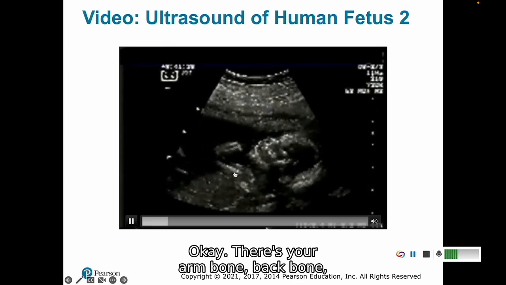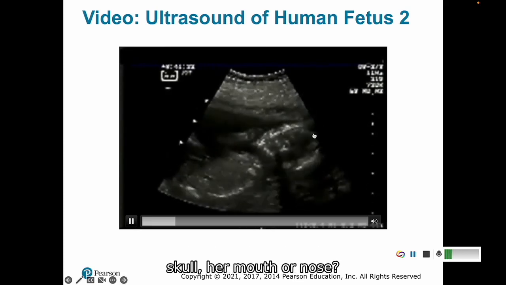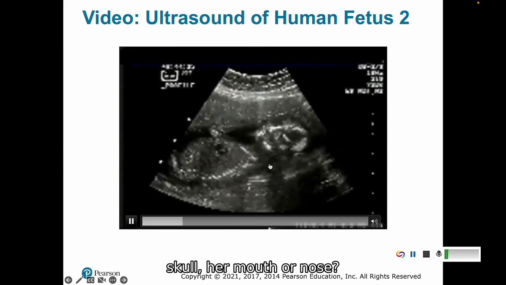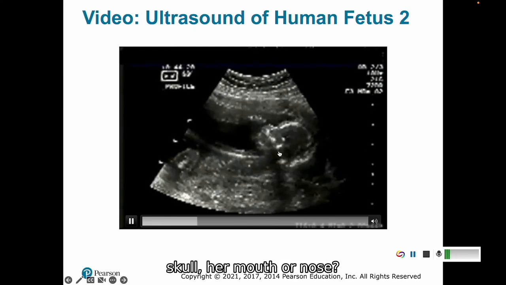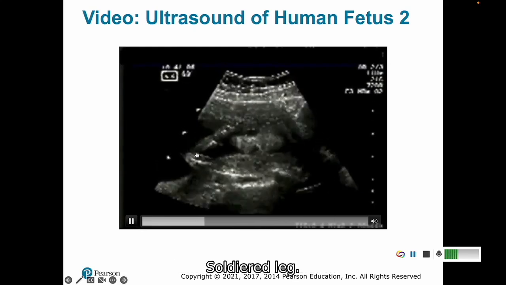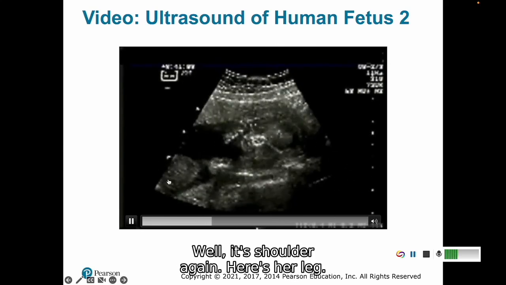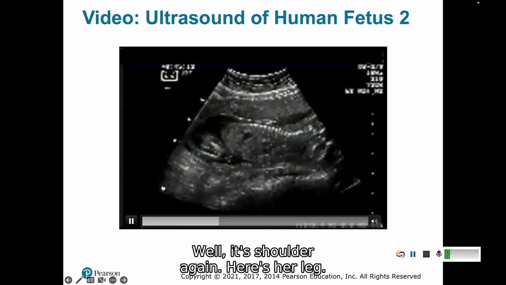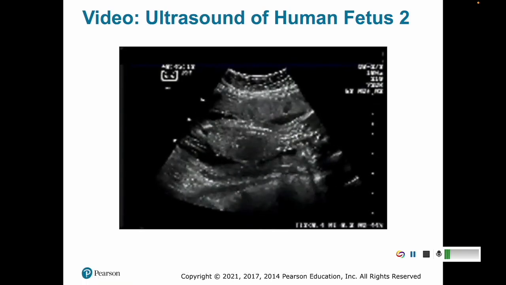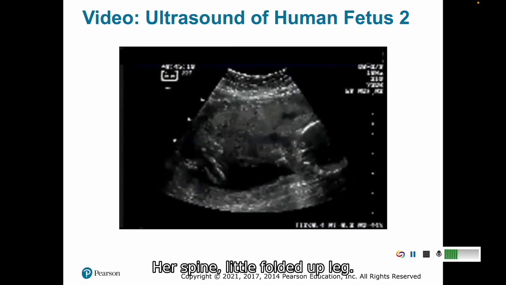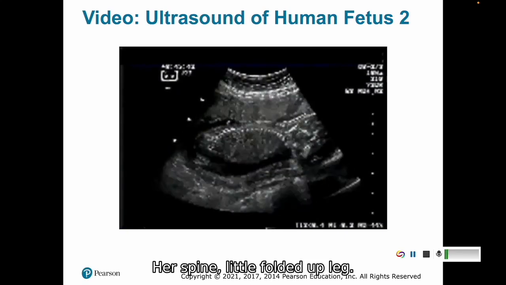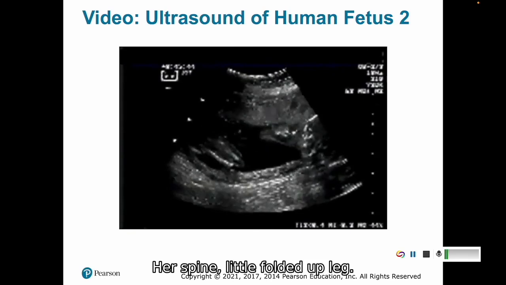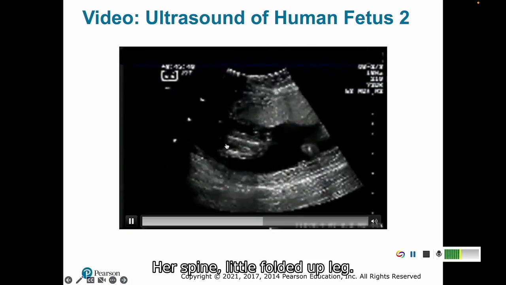Okay, there's our arm bone, backbone, skull, their mouth, their nose, shoulder, leg. Oh, shoulder again. Here's their leg. Their spine. Their little folded up leg.